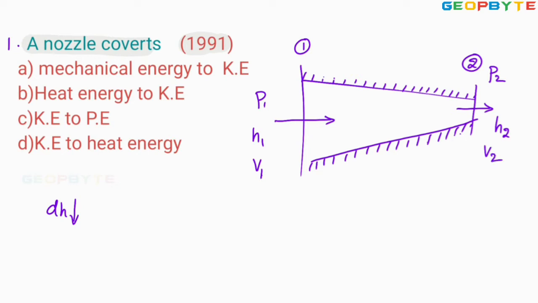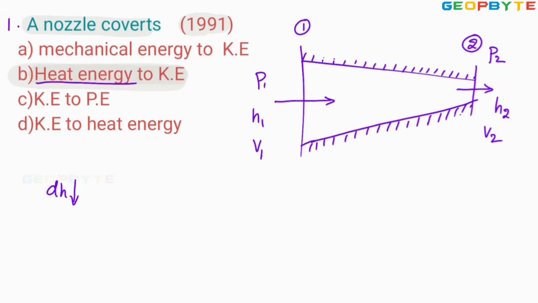So the enthalpy drop is causing the velocity to increase, which means the kinetic energy of the steam is going to increase. Here in this problem, this enthalpy drop may be called heat energy. Therefore, the function of the nozzle is to convert heat energy to kinetic energy, or enthalpy to kinetic energy.